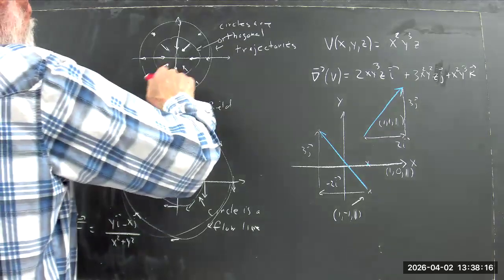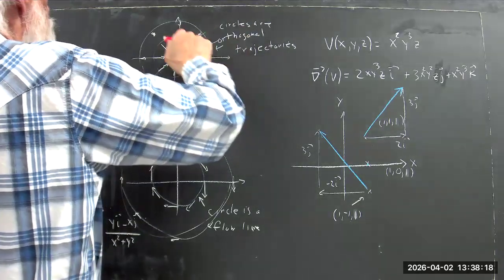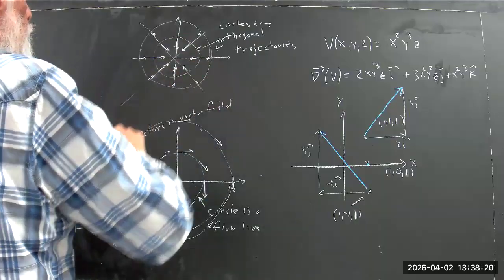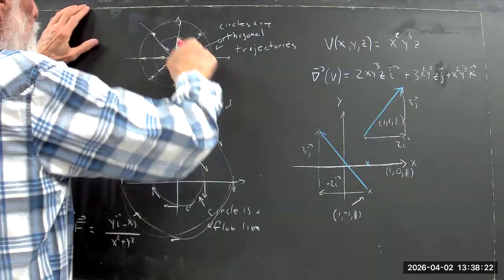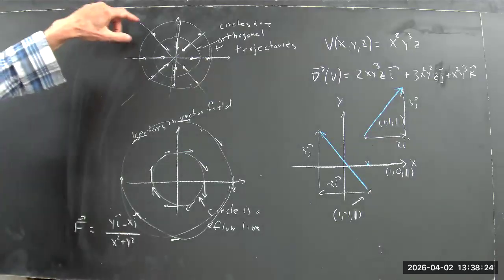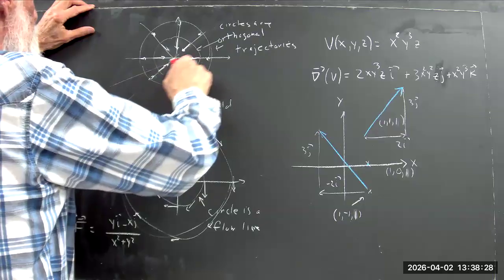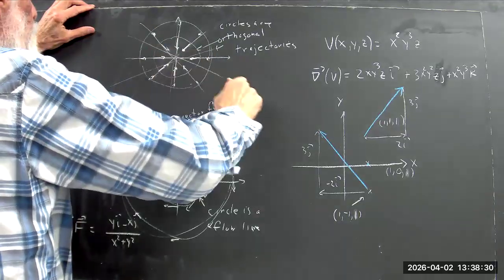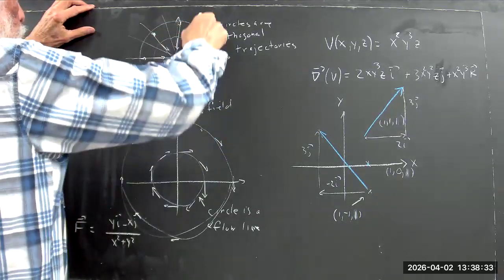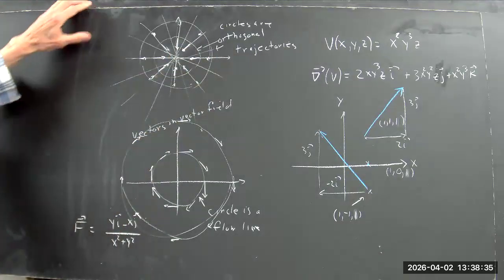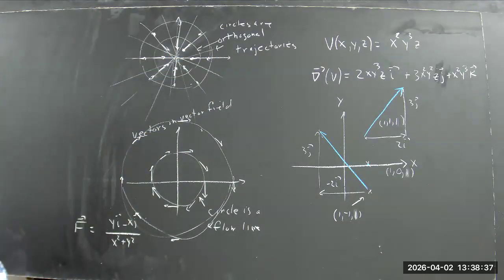And then the flow lines are just going to be the two axes and the lines at 45 degrees, and then a bunch of other flow lines. Since the vectors are always going to be pointing toward the origin, the flow lines are always going to go in toward the origin, right?